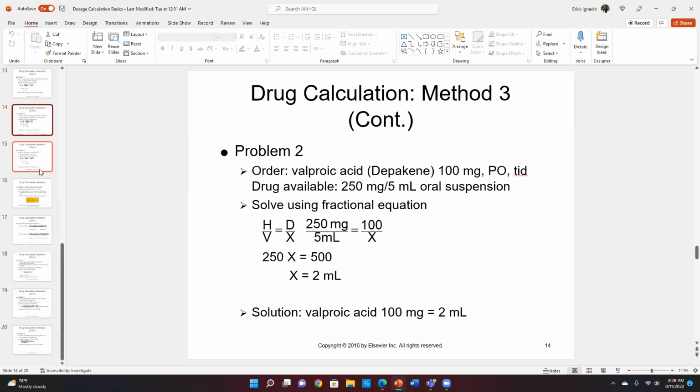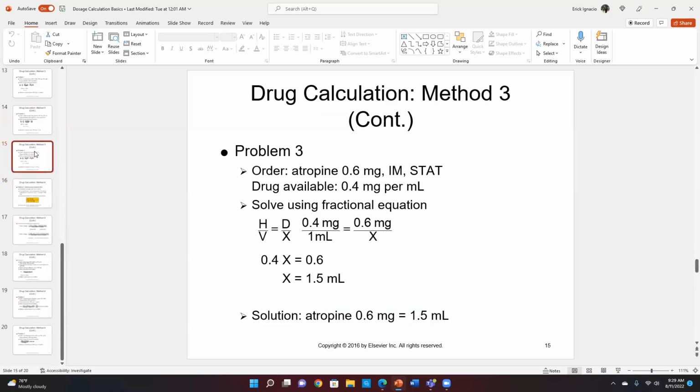X equals 2 mLs. So I know that I will be administering 2 mLs of this oral suspension 3 times a day. This question could also ask you, how many mLs will I give in a 24-hour period? Well, it's given 3 times a day, so I multiply 2 times 3, and that gives me 6 mLs. Make sure you're always reading carefully what the question is asking you for.